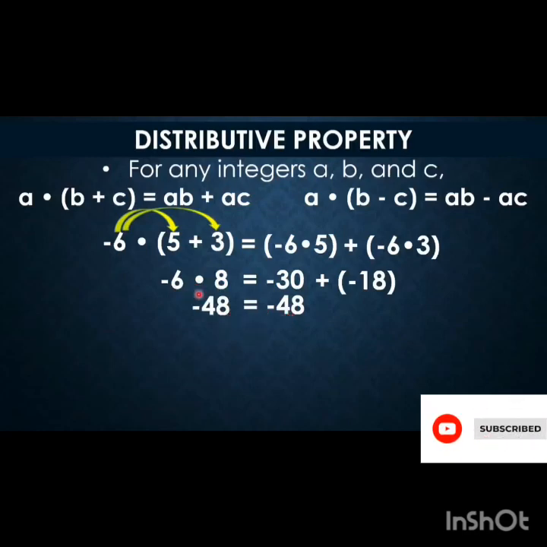By checking, first adding the bracket numbers: negative 6 times, in the bracket, 5 plus 3 is 8, and negative 6 times 8 is negative 48. That's correct.